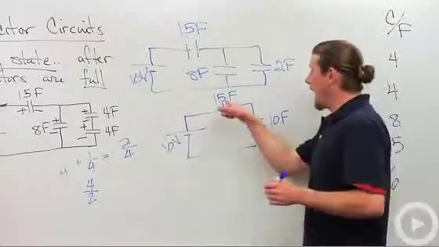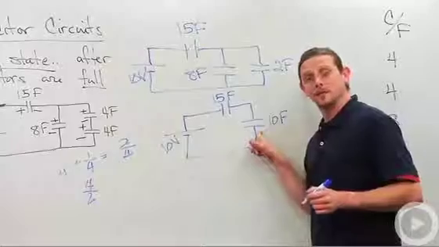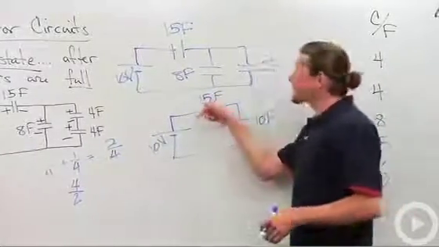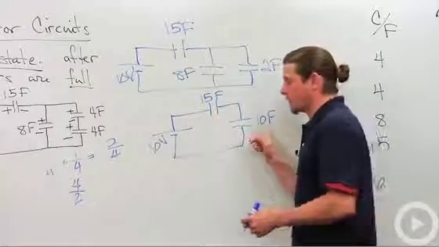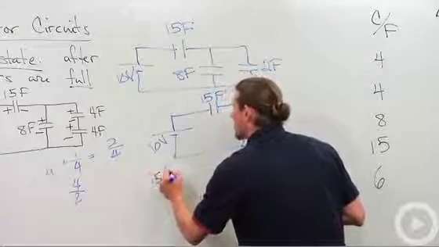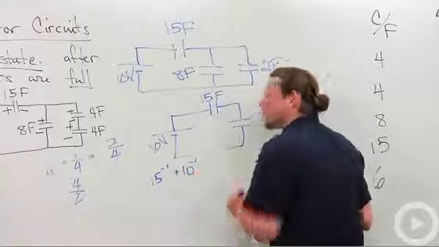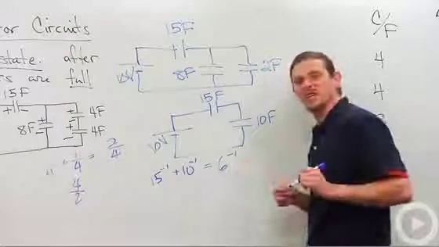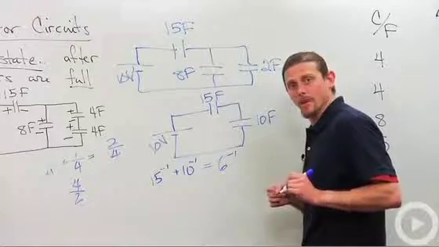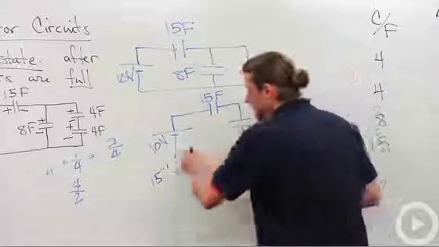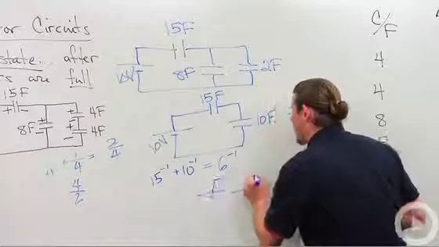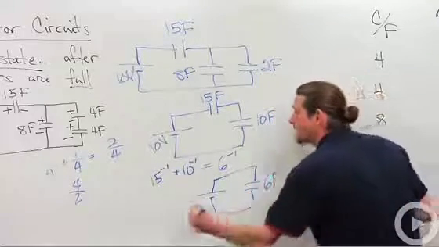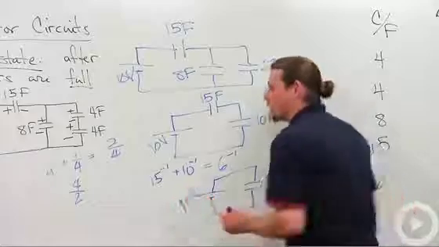All right, now these two guys are in series. So let's combine them in series. Again, it's 1/15 plus 1/10. And it turns out that that ends up giving you 1/6. All right? So that means that this circuit really is nothing more than this circuit. 6 farads, 10 volts.